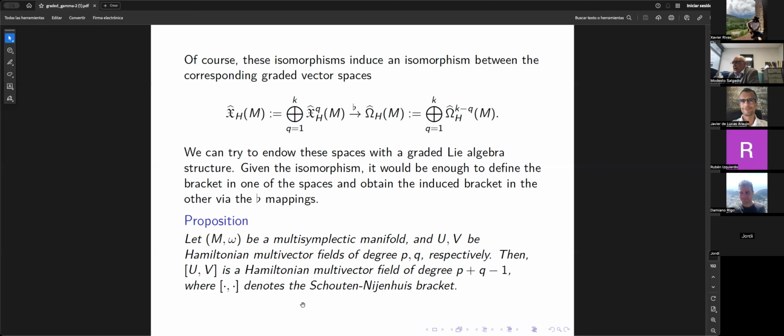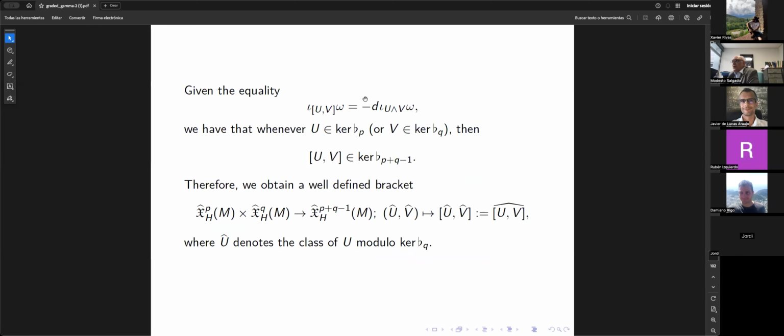And we can do that simply because here we only need to consider the Schouten-Nijenhuis bracket. You have two Hamiltonian multivector fields U and V of degrees P and Q. So this bracket is a Hamiltonian multivector field of degree P plus Q minus 1. So this can be proved immediately from the definition. And so using this equality, we can prove it, it's a very simple proof.